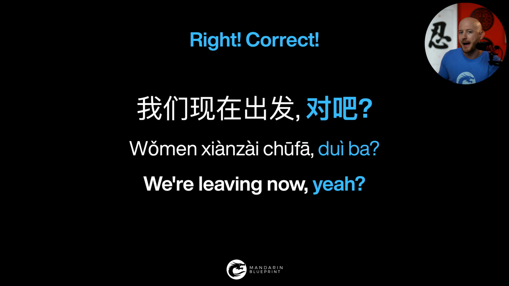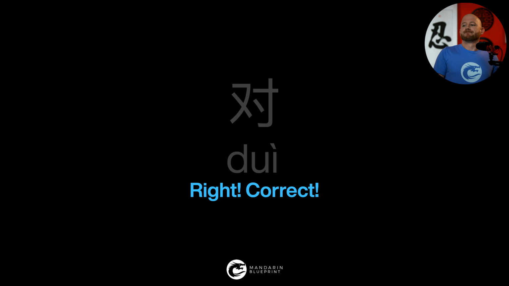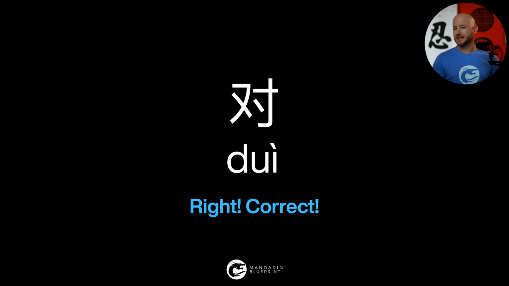But you say 对吧 to indicate that you're pretty sure, but let me just be polite and check with you. And so 对吗 in comparison is not sure. It could be 50-50, right? But by saying 对吧, you're saying, yeah, we're leaving now, right? So there you have right and correct.